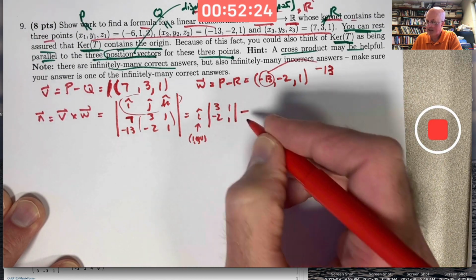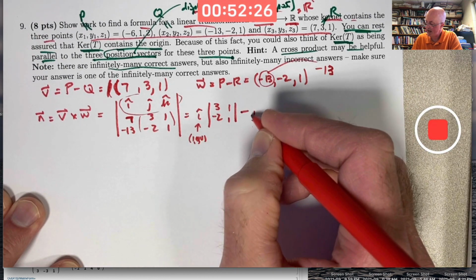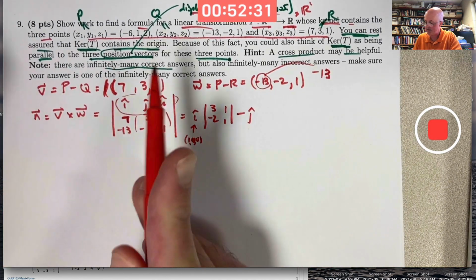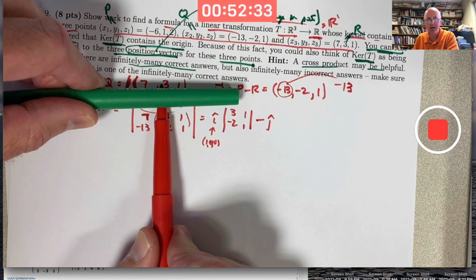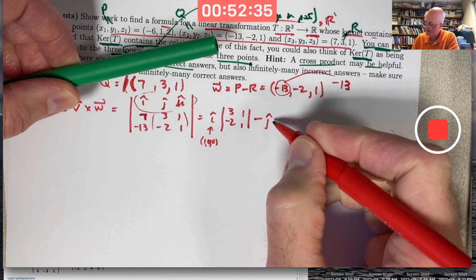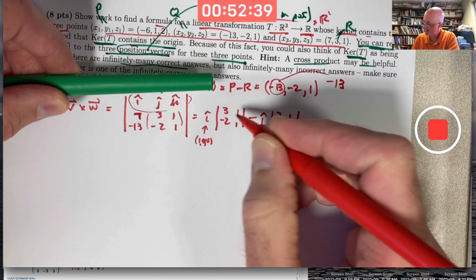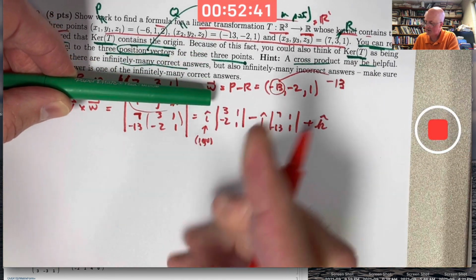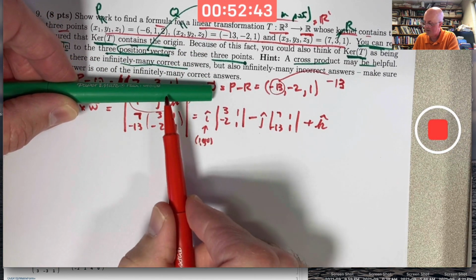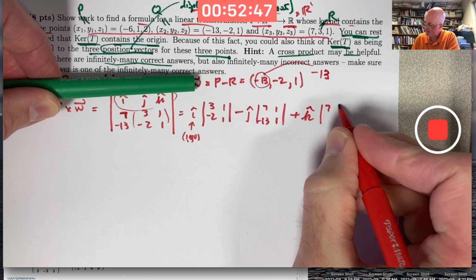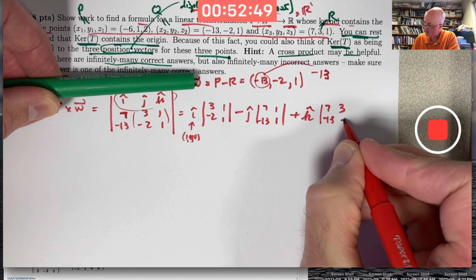Minus, don't forget to go plus, minus, plus across the first row, j hat times the determinant of the 2x2 submatrix I get when I delete the first row and second column: 7, 1, -13, 1. Plus k hat times the determinant of this 2x2 submatrix: 7, 3, -13, -2.